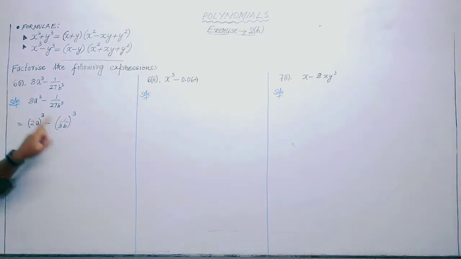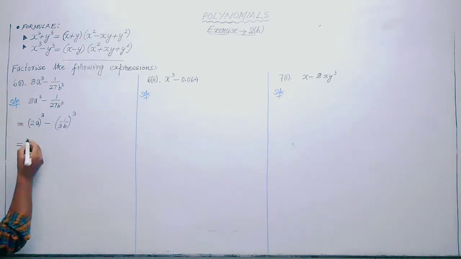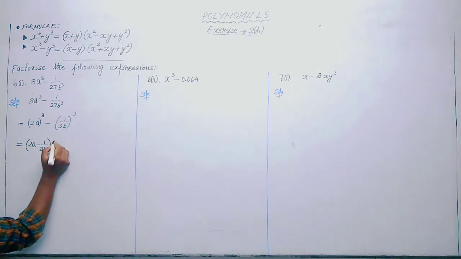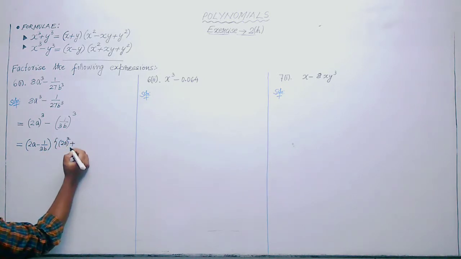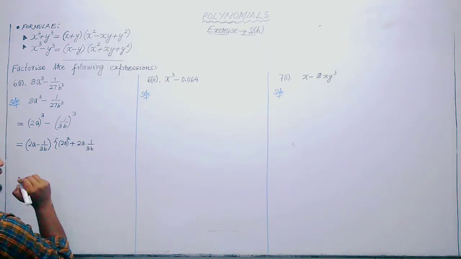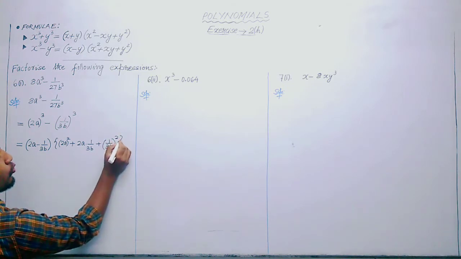Now if you verify, 2 cube is 8, a cube is a cube, 1 cube is 1, 3 cube is 27, b cube is b cube. Now if you look at this expression carefully, you'll find out x cube minus y cube. Now let us write down the formula, which says x minus y, then comes x square plus x into y plus y square.